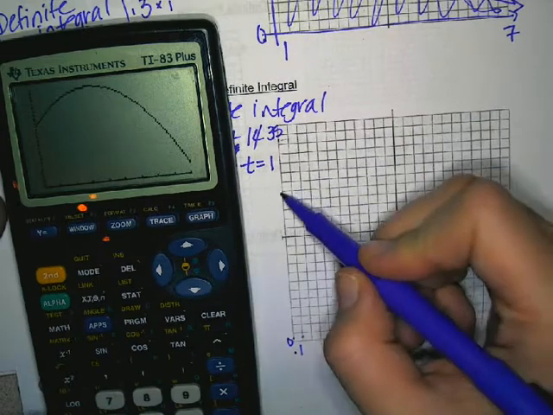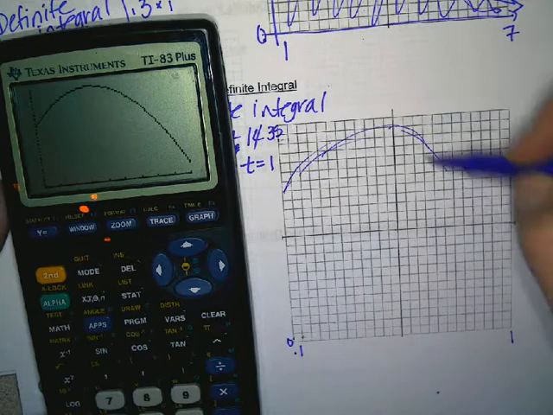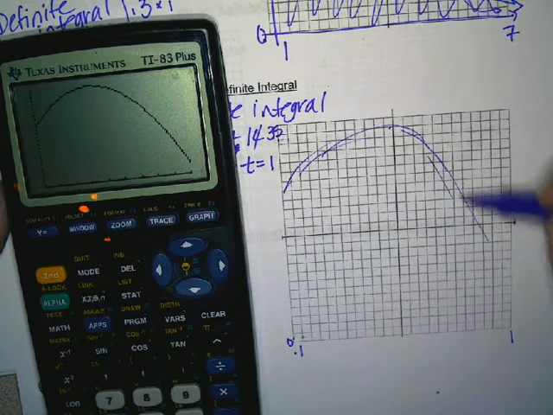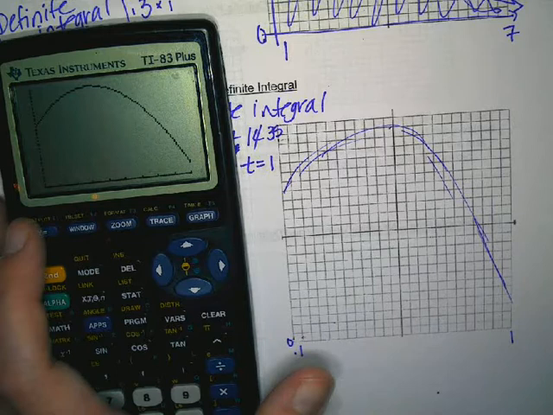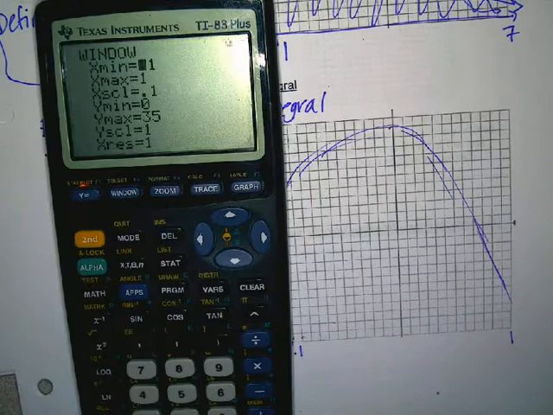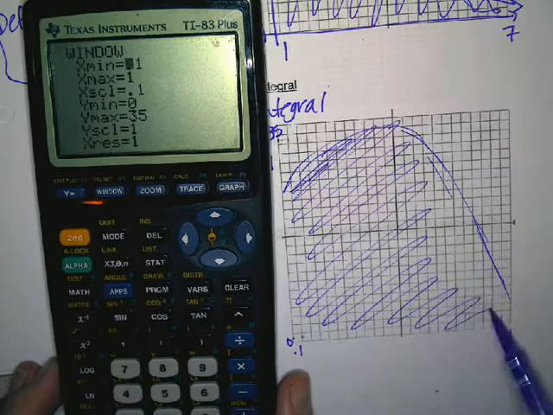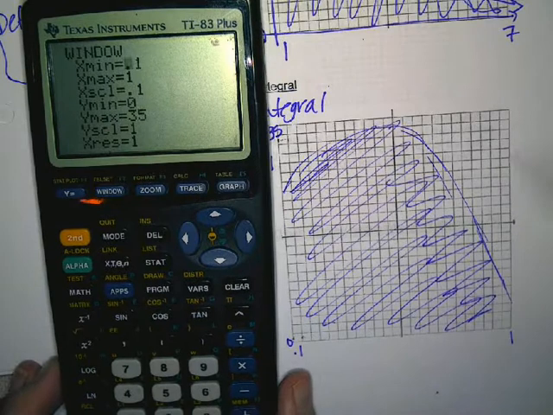So, again, it doesn't have to be perfect, but approximately. And then I'm finding just the area underneath the curve, so just lightly shade, because that's what we'll be finding.